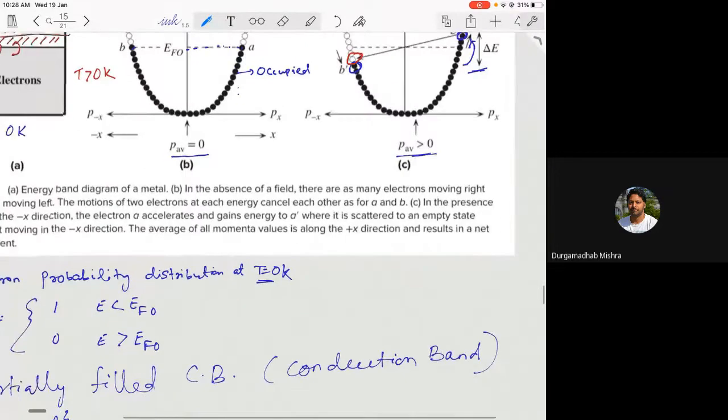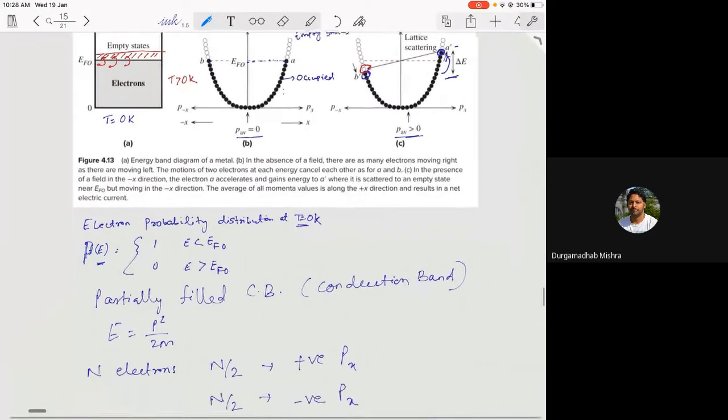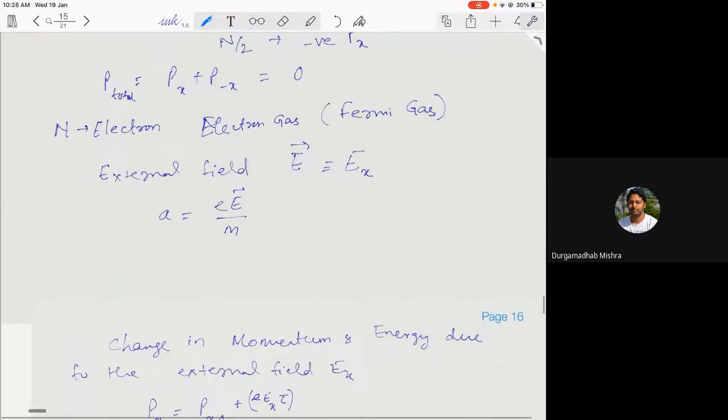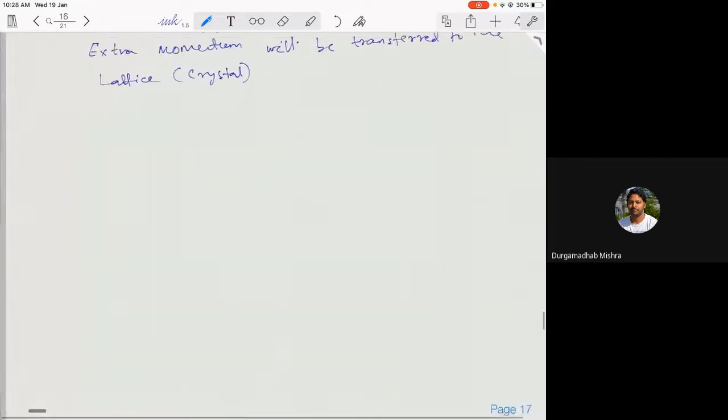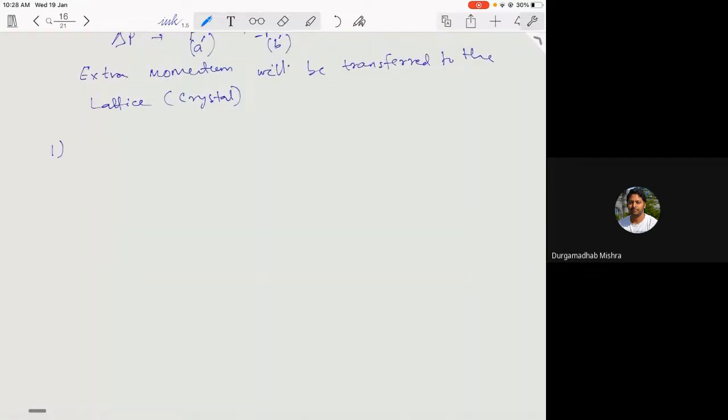To understand this conduction in terms of the band structure or the picture here, there are 3 important points to note down. One: the electron at A prime flips its momentum. A prime is close to the Fermi energy.